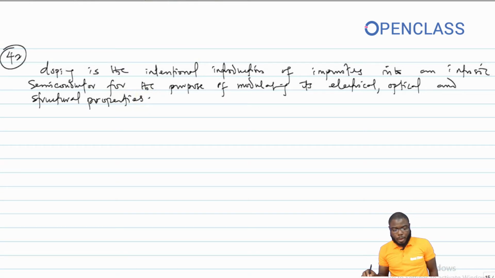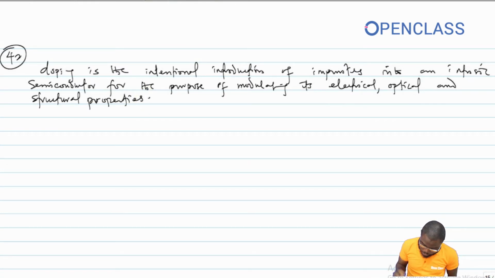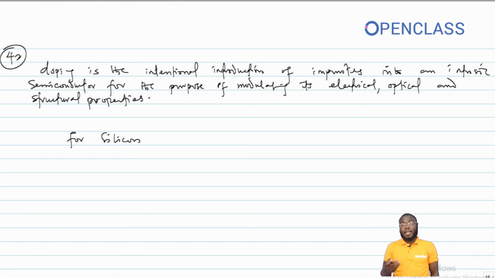Now here we are talking about silicon. We've seen this question earlier, where they asked which of the following is a semiconductor. We told ourselves then that silicon is a trivalent metalloid and a semiconductor as well.